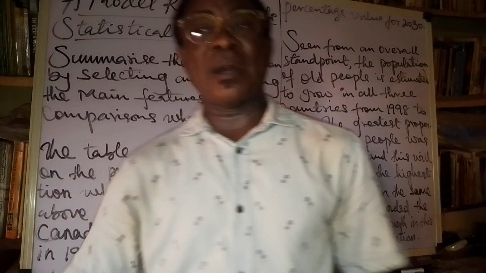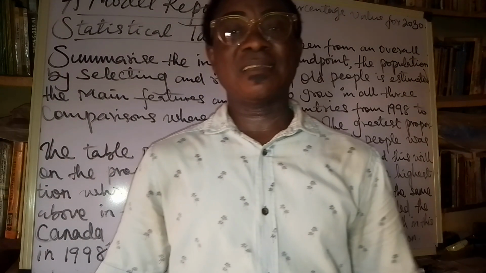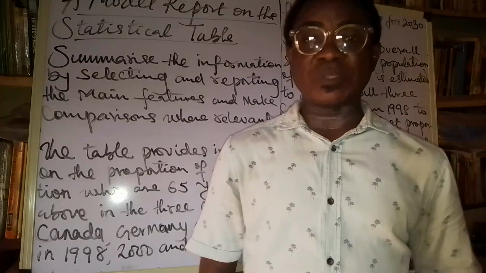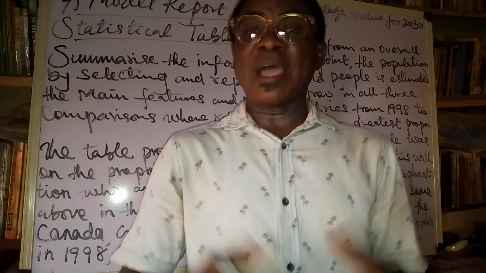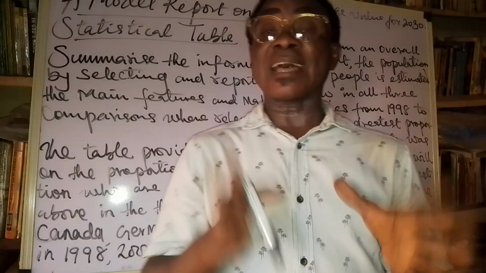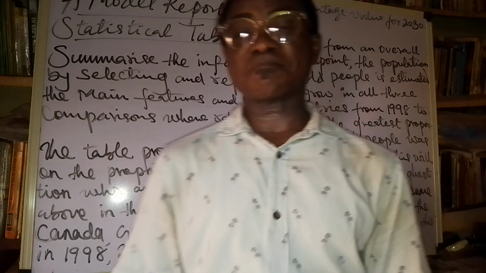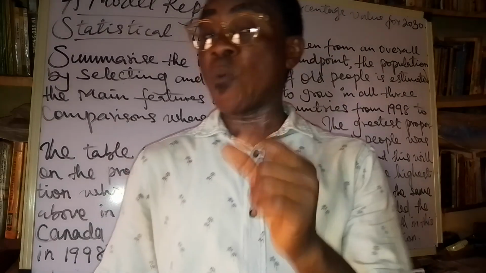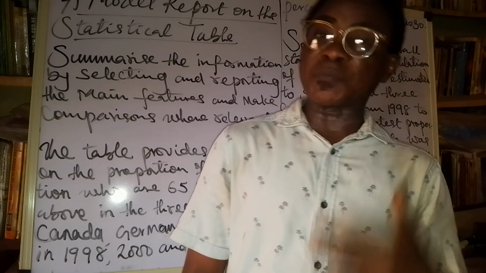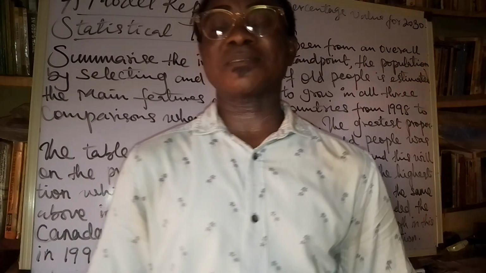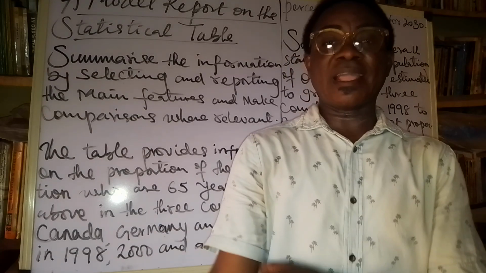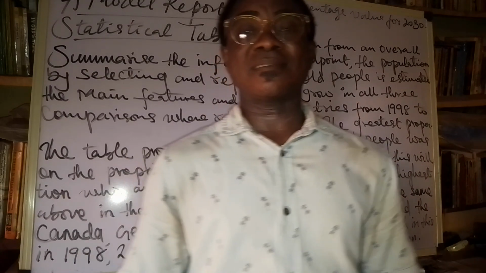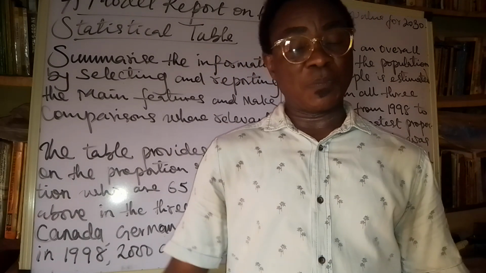There are a number of salient points that we need to note about writing the IELTS Task 1 report. 1. This report has a word count of approximately 150 words. And then the candidate has 20 minutes within which to write the report.